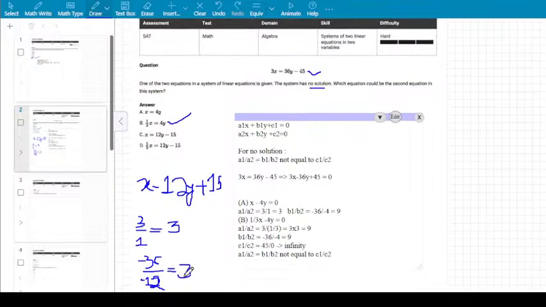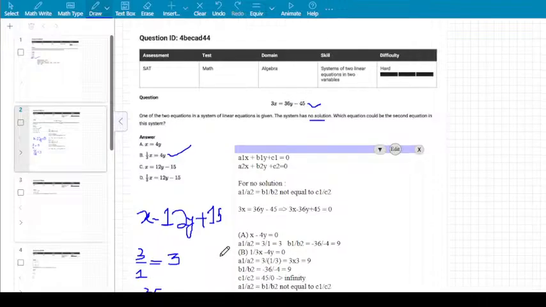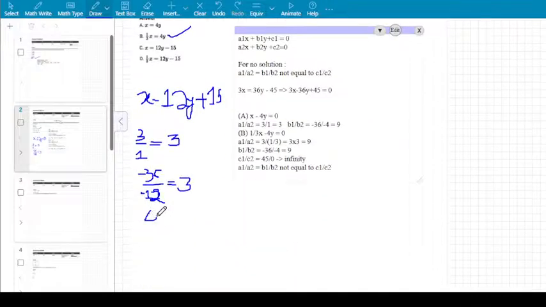So these two ratios are again equal for this option C, and then 15 comes to this side, so it will be plus 15, and here it is plus 45. So c1 by c2 would be 45 by 15.